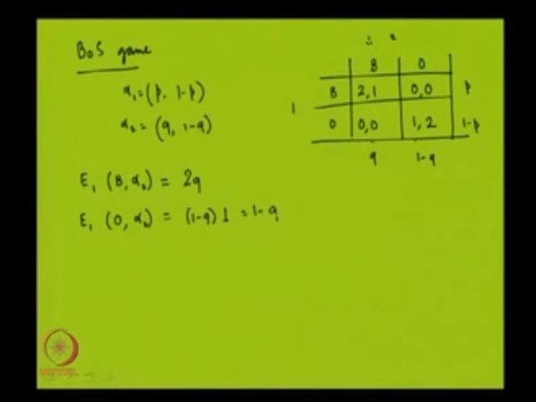Now, as we have just seen, if this value is greater than this value, p will be equal to 1. What does that mean? 2q is greater than 1 minus q, which means 3q is greater than 1, which means q is greater than 1/3. So, if q is greater than 1/3, then player 1 is going to play B with probability 1.